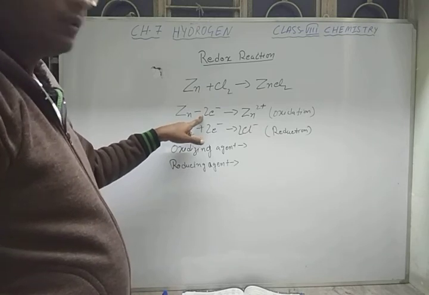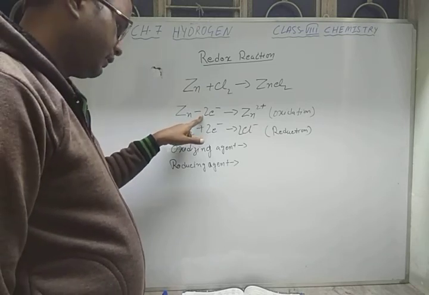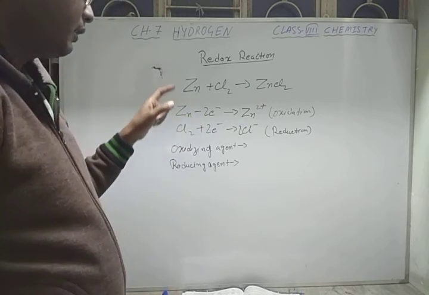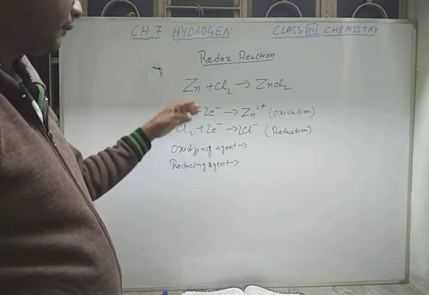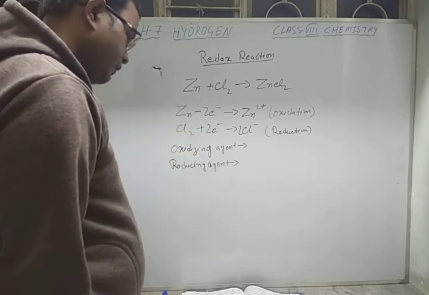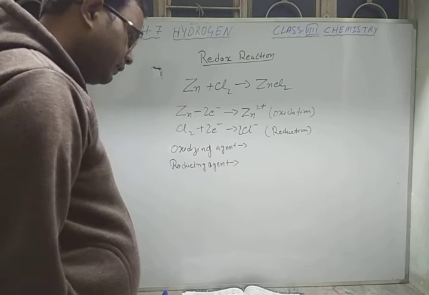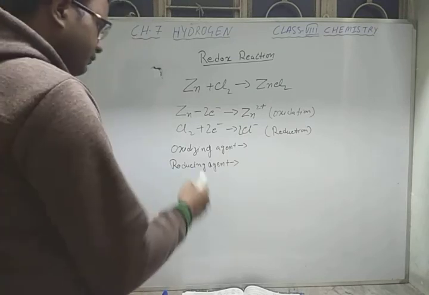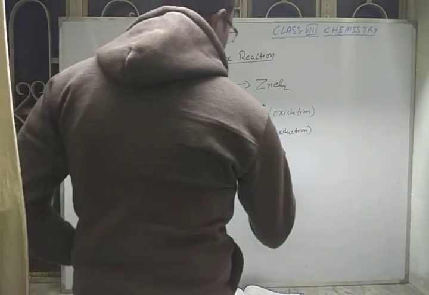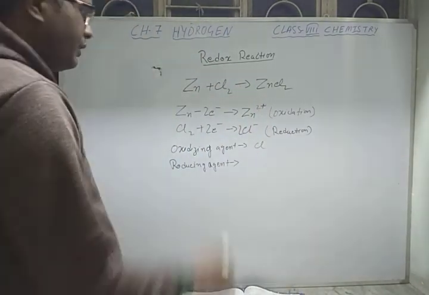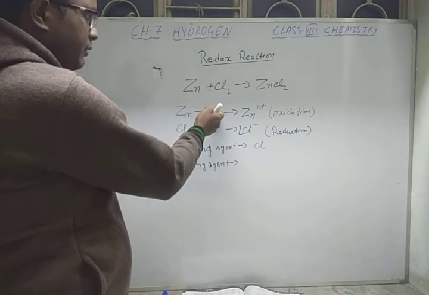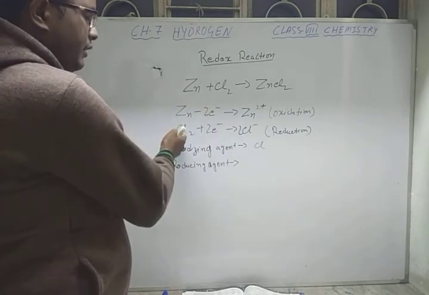That means it helps zinc get oxidized, that is, removal of 2 electrons. So the oxidizing agent is chlorine, because if chlorine helps zinc lose electrons, only then will chlorine gain 2 electrons.